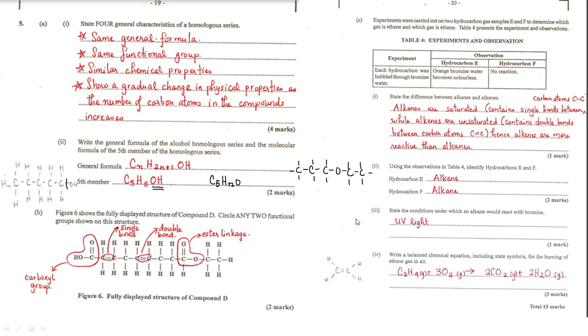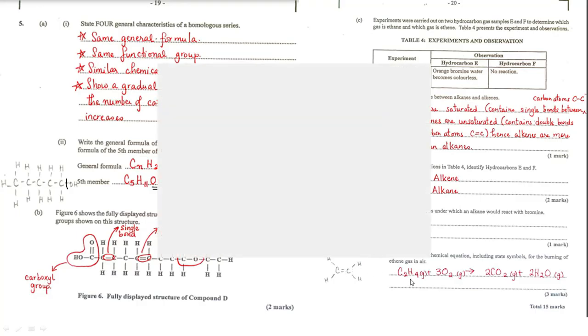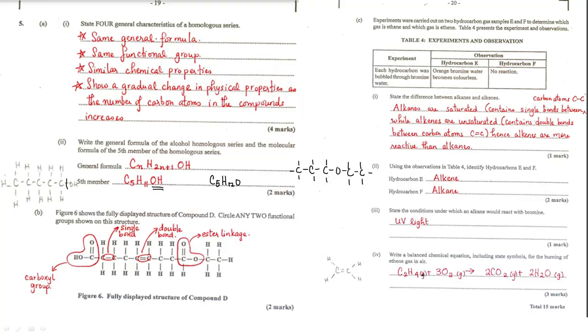Now write a balanced chemical equation including state symbols for the burning of ethene gas in air. So what I did, I drew the structural formula out. And you see here, ethene. It says ethene, so that means we have a double bond. So it was C2H4 gas, and they say it was burning in air. So we have oxygen.